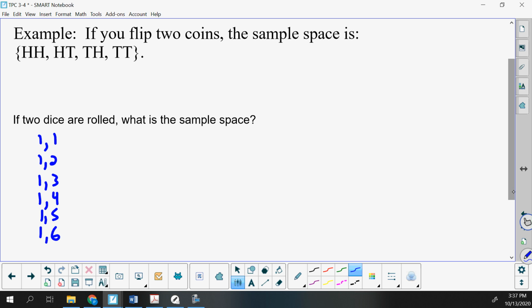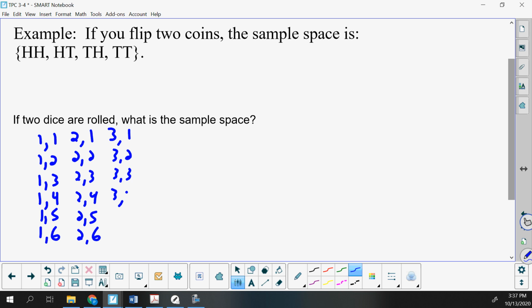Now let's imagine the first die had a 2. Then the second die could have a 1, or a 2, or a 3, 4, 5, or 6. So we've got a ways to go because we have to have the first die be everything up to 6.